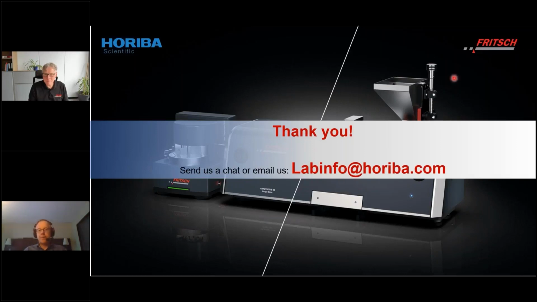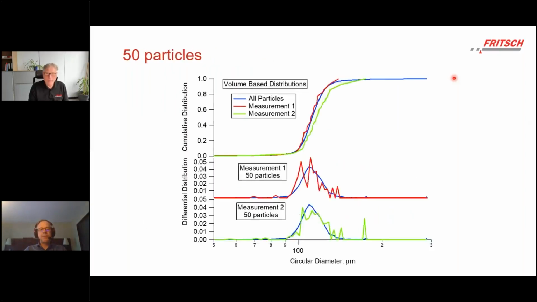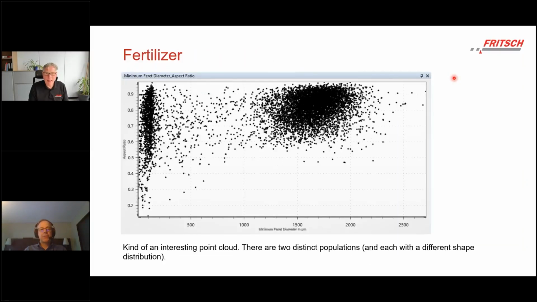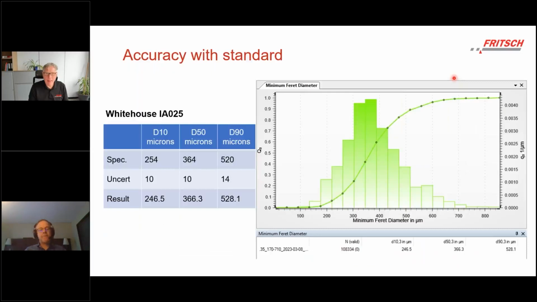Okay, so the accuracy. I'm going to answer that in two ways. The first is, if you look at IA025, which is a spherical glass bead sizing standard, then we hit the tolerances on the standard, which includes some concern about riffling from bottle to bottle, and measurement across multiple techniques.